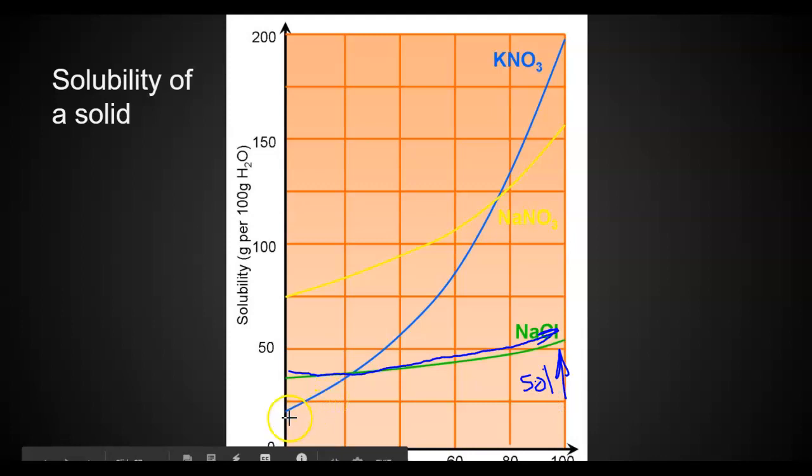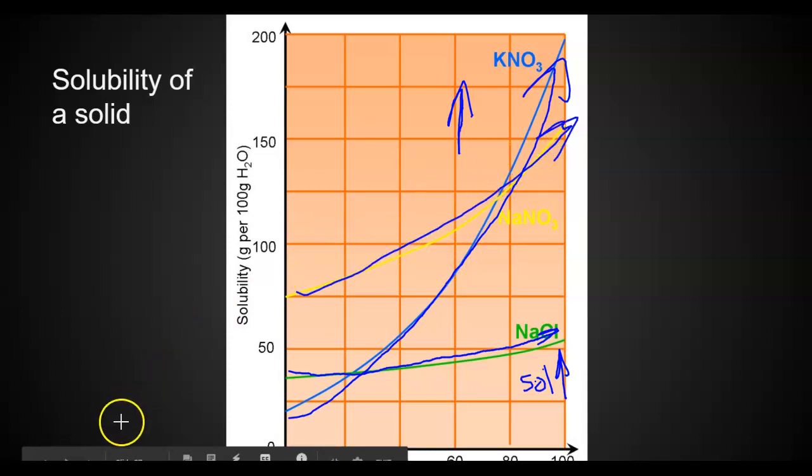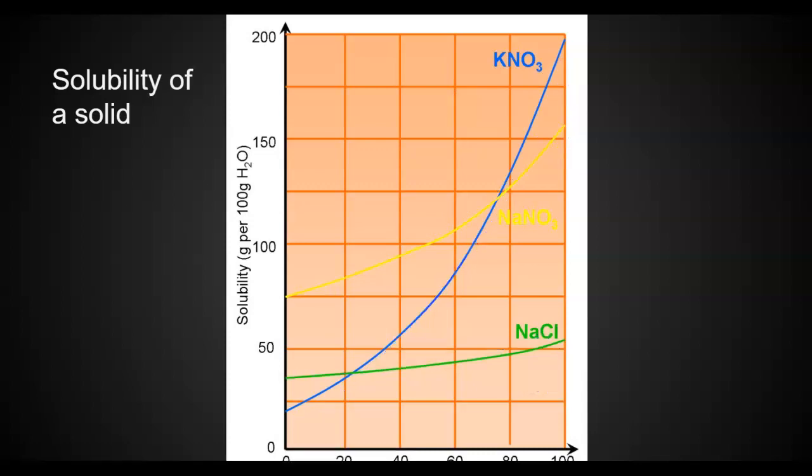Notice how fast the solubility of the potassium nitrate goes up. It jumps really, really fast. But all three of those solids, as you increase the temperature, they all increase. So as the temperature gets warmer, you can dissolve more in the same amount of solvent.